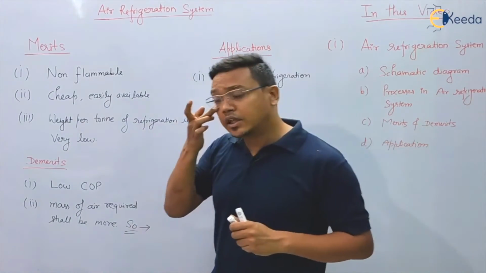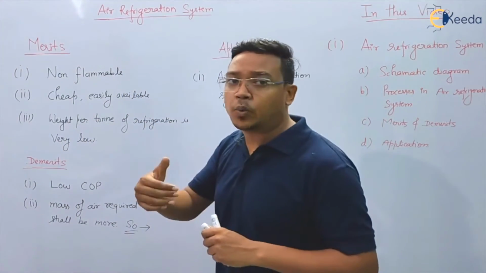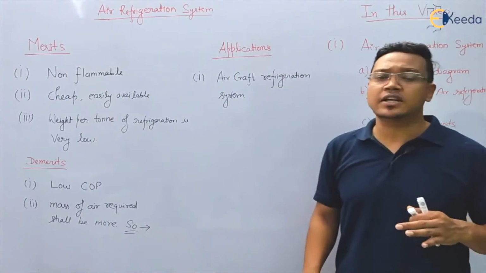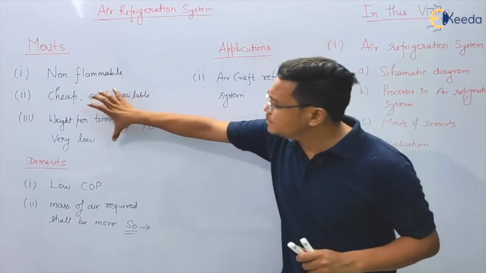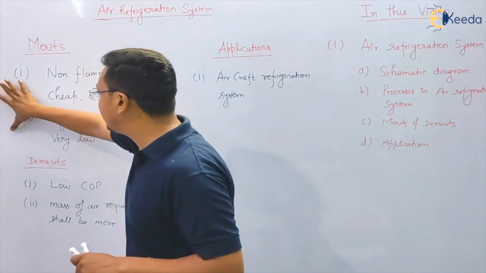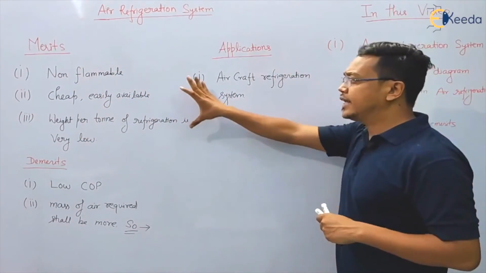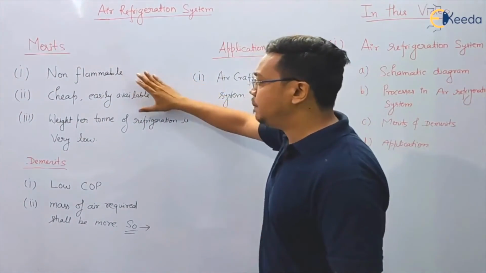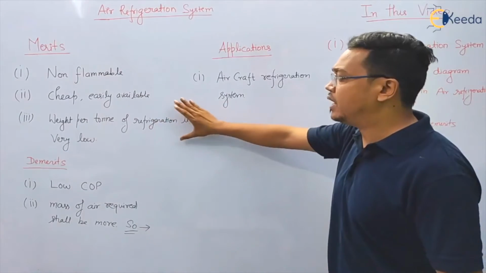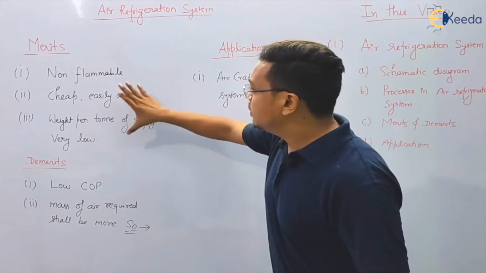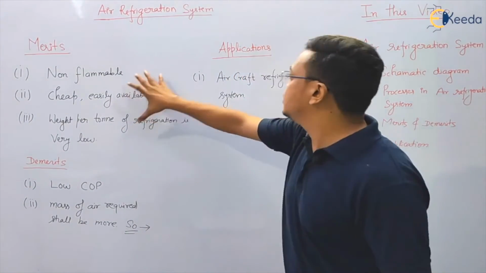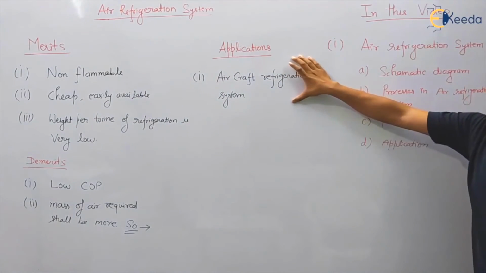That means the amount of air which is required per ton of refrigeration is very low. Because of these merits, it is non-flammable, cheap and easily available, and weight per ton of refrigeration is very low, it is used in aircraft refrigeration system.